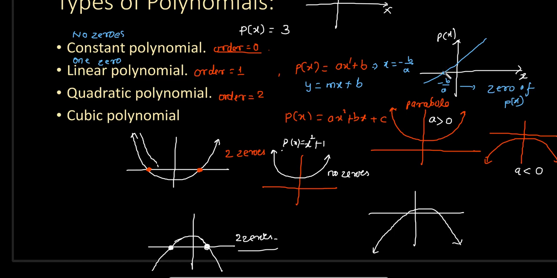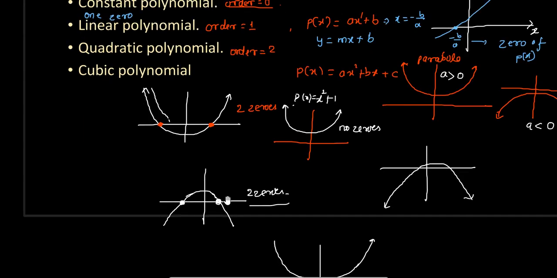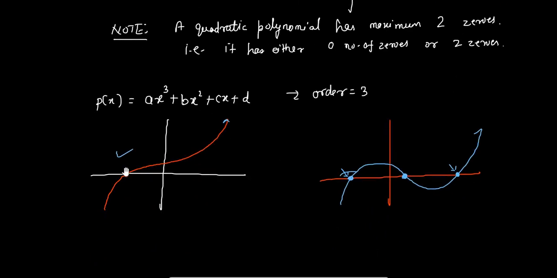So you will always have one zero for a linear polynomial, but for a quadratic polynomial it is not the case: you will have either a maximum of 2 zeros or no zeros, right? Same for a cubic polynomial, it will always intersect at least once on the x-axis like this, right?